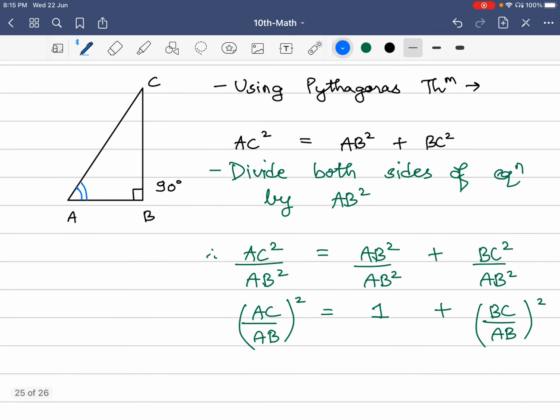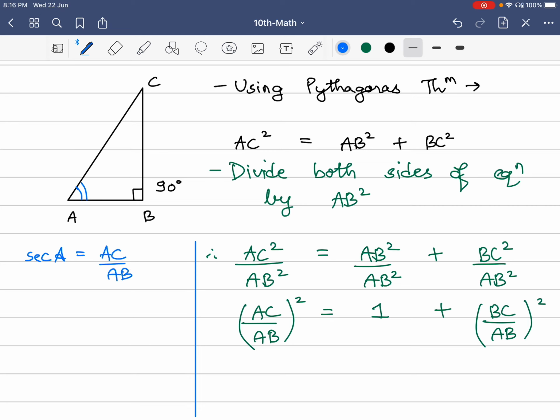Now once again, let's focus on our angle A, and let's try to figure out what this fraction stands for. Now AC by AB is hypotenuse upon adjacent. So we know that sec A is actually equal to AC by AB.